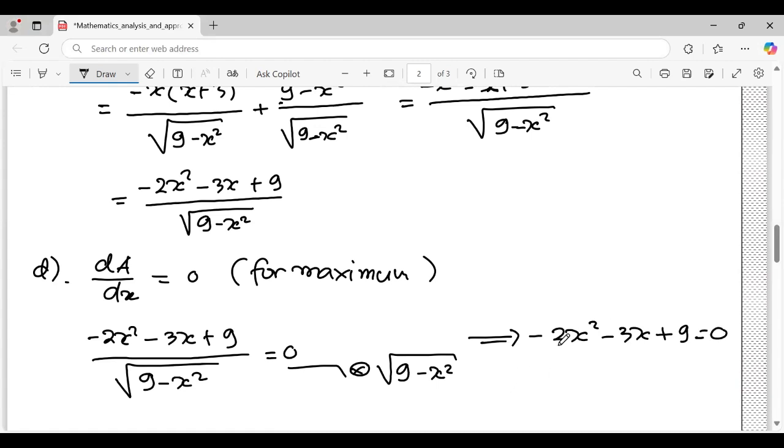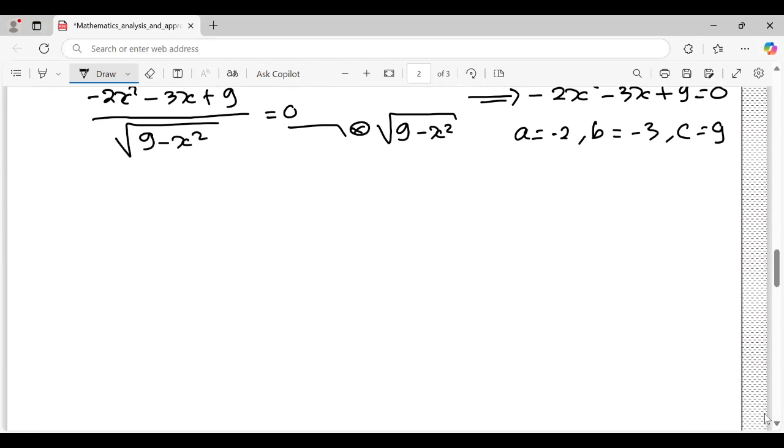So I would like to find x1 and x2 using the ABC formula. So it means a equals minus 2, b equals minus 3, and c equals 9. ABC formula.